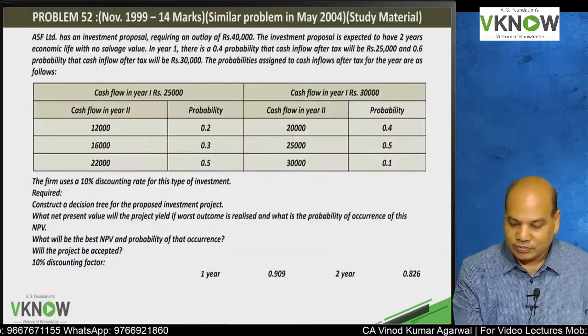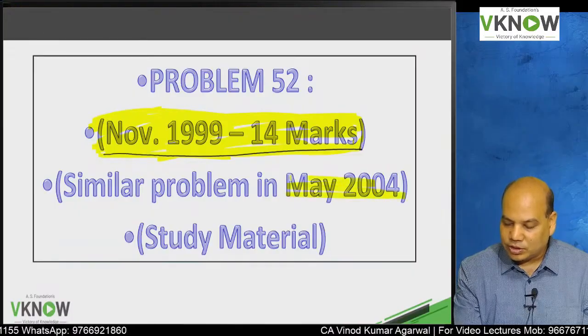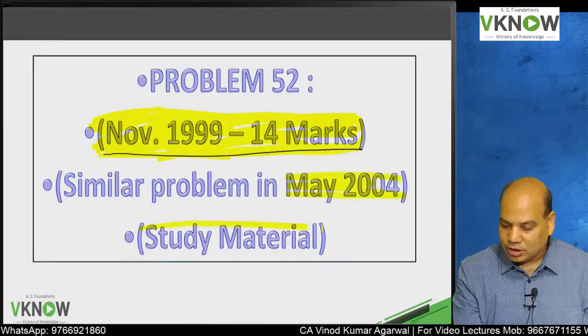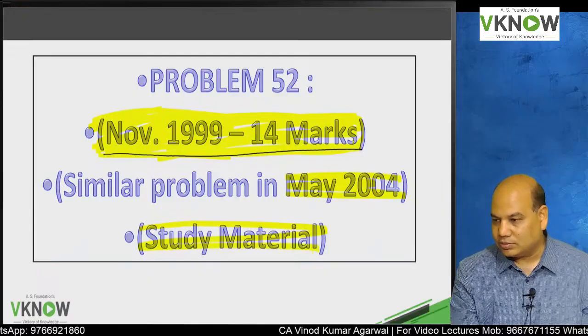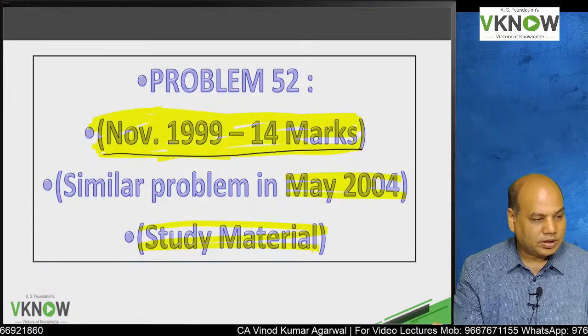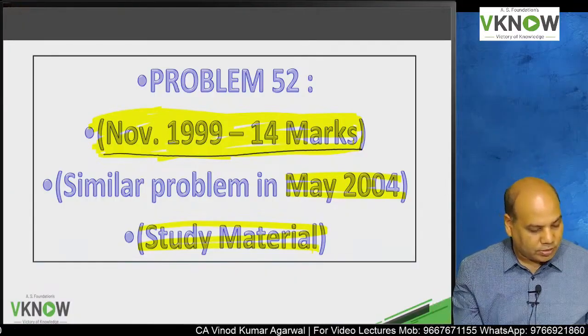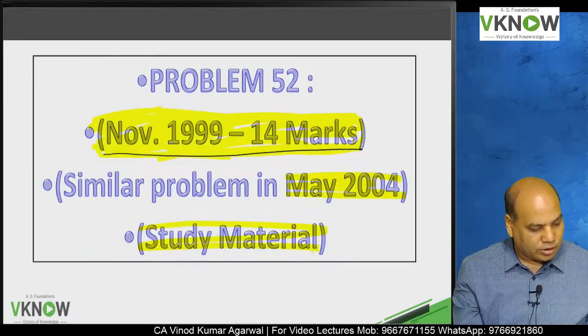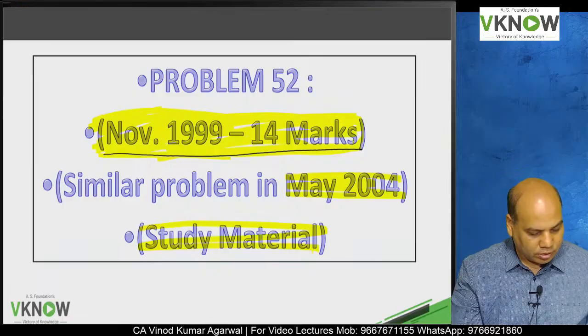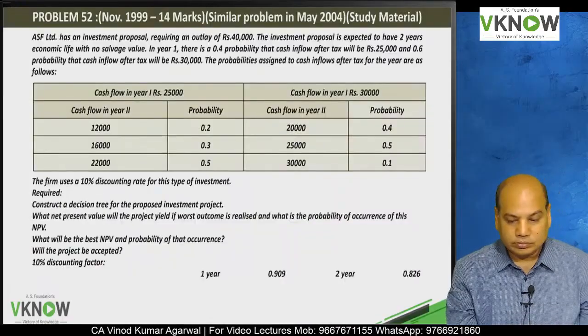Yes, you are right. And this question was repeated in the May 2004 exam also, and they have included a similar problem in the study material, only the numbers are different. That you will find as question number 53 below. Note down 53 as homework, or we'll see. Just wait. First come to 52.